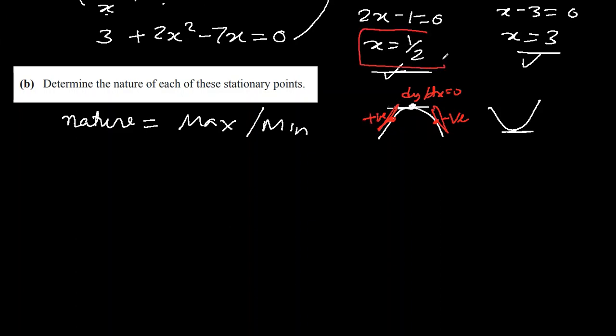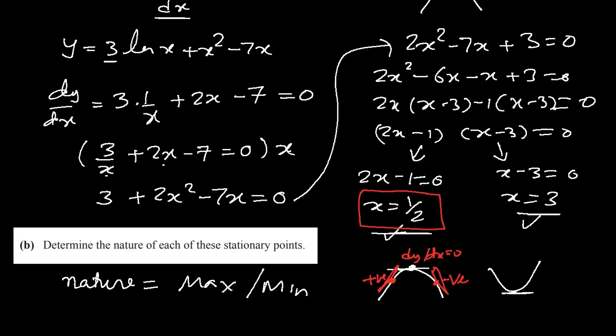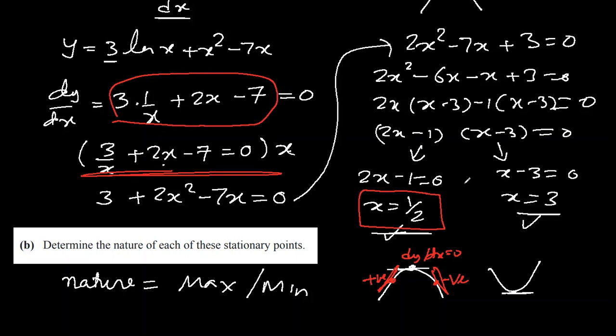We'll take a number on the left of half and one on the right of half and substitute not in the main equation. We'll substitute in the equation dy over dx. If it is positive, that means before that point the graph was going up, and if it is negative after that, it's going down. Obviously it will be going down after that.